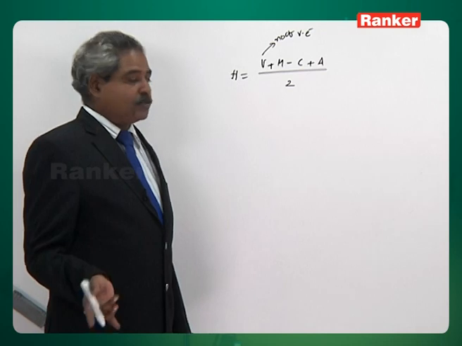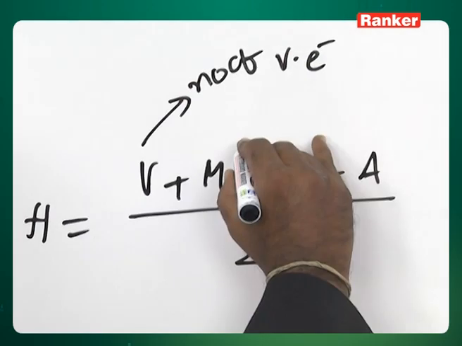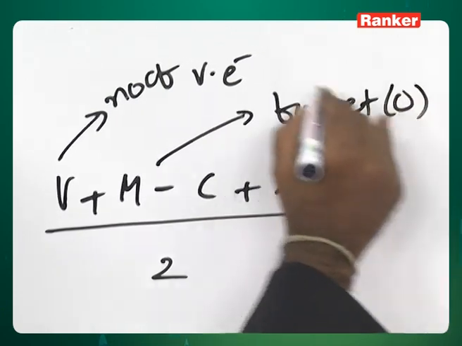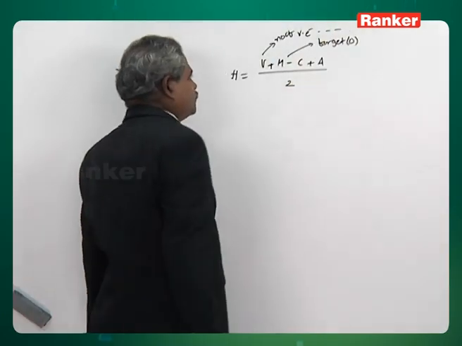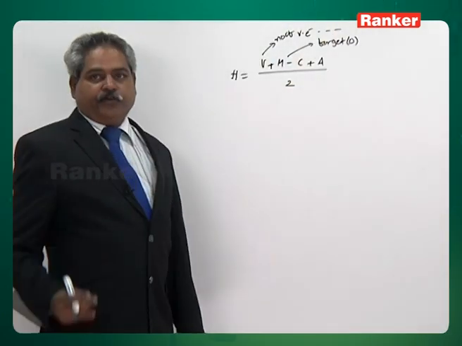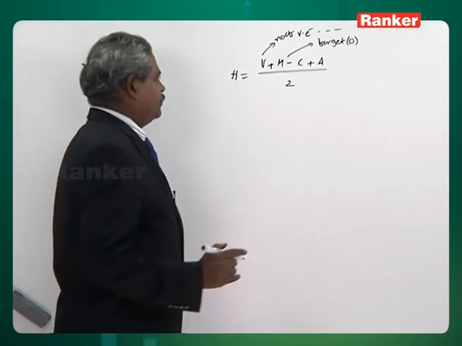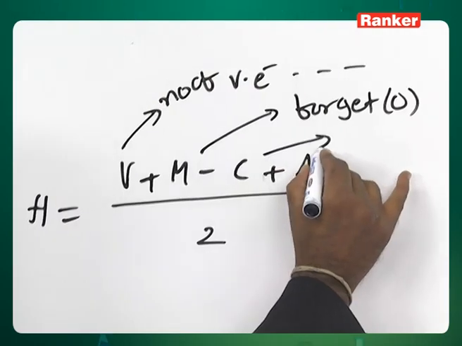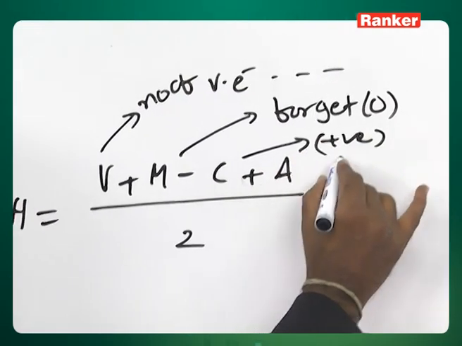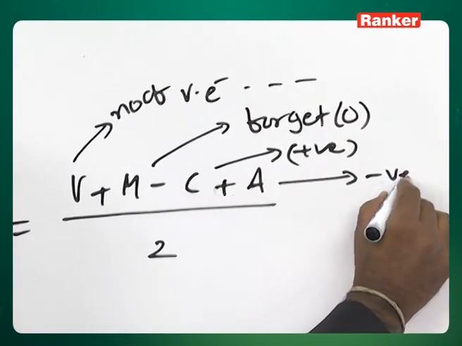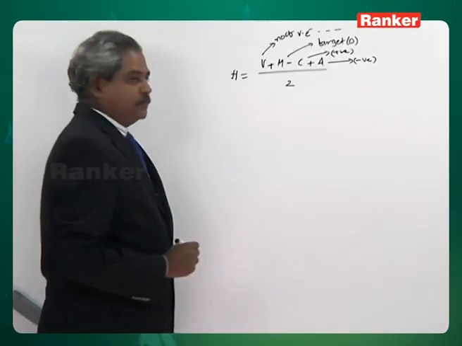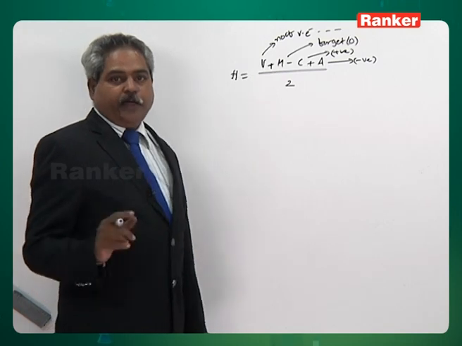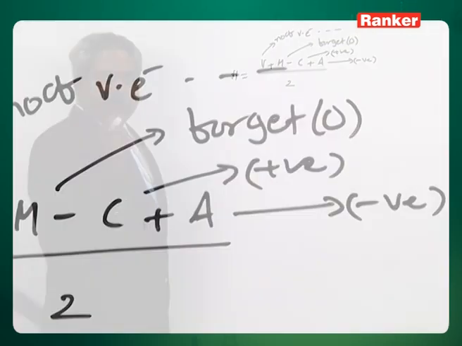M is the number of monovalent atoms; forget oxygens. Even if you have 2 or 3 oxygens, don't count them. C means cation, positive charge. A, negative charge. That's all. The formula appears to be very big, but its application is very simple.